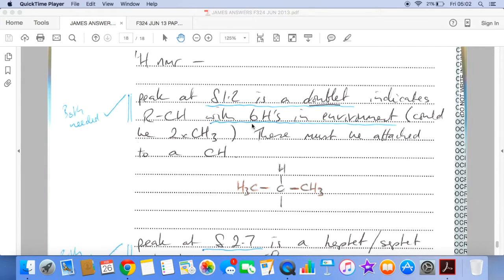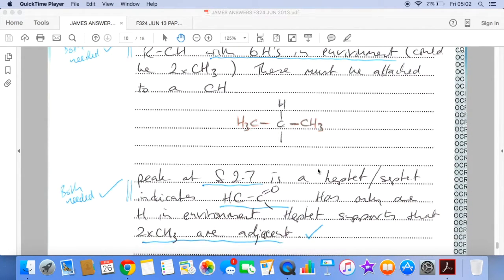So we're looking at probably 2 CH3 groups, and because it's a doublet, they're going to be attached to or adjacent to a CH, a single H, and that's why we get the doublet. And obviously the 6 hydrogens give us the peak area of 6. So it looks like we've got this feature in the molecule.